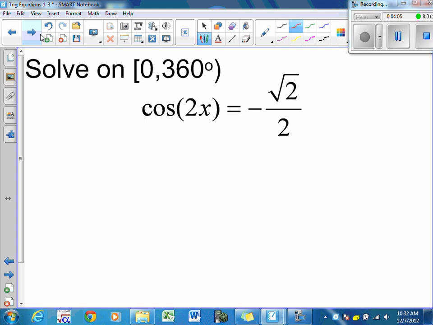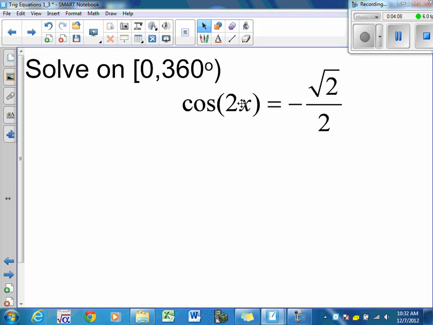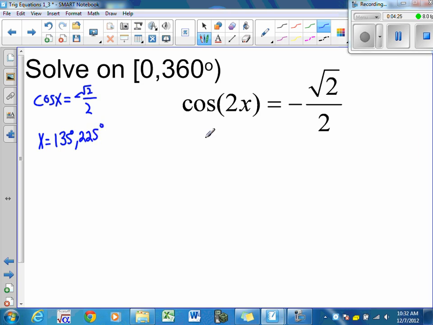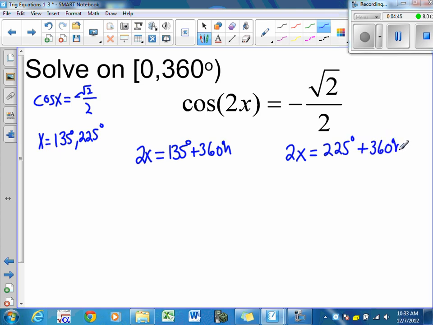Let's try another one. Sine of 2x is square root of 2 over 2. So first, let's solve cosine of x equals negative square root of 2 over 2. And since it's negative, I get 135, 225. So I get 2x equals 135 plus 360n, and 2x equals 225 plus 360n.